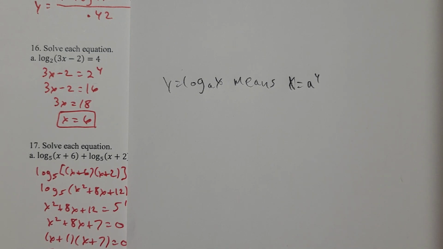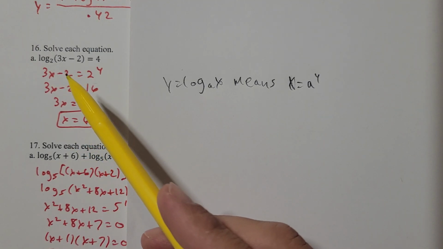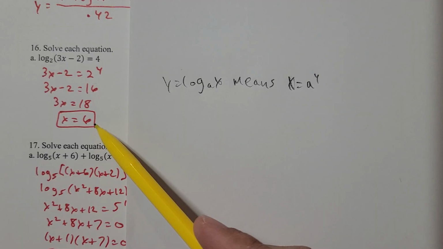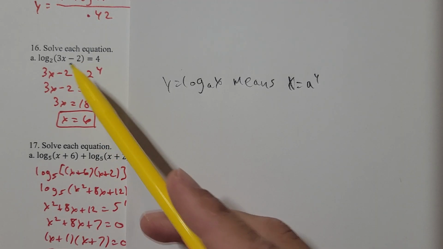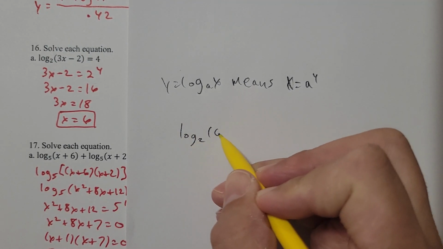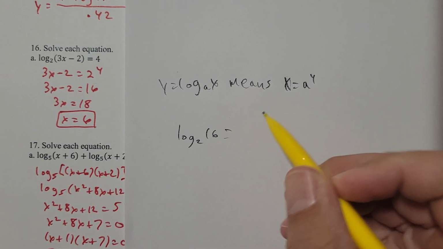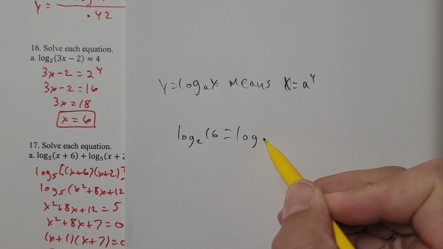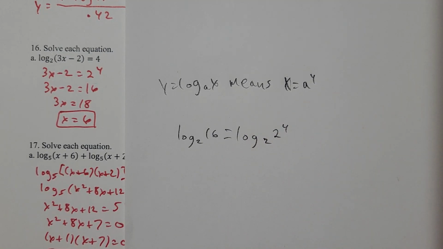So I got log base 2 of 3 times 6 is 18, minus 2 is 16. So is log base 2 of 16 equal to 4? Well, 16 is the same as 2 to the fourth power. 2 times 2 times 2 times 2, that's 16.